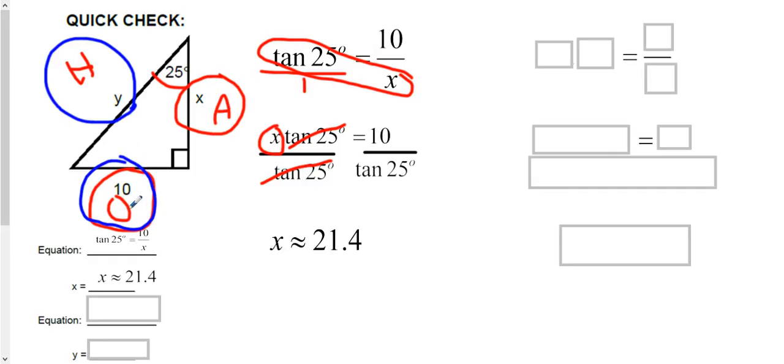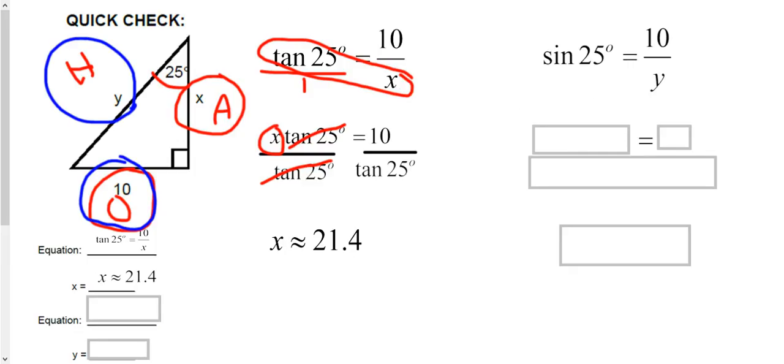I'm going to use this one because it's exactly 10. It's the exact amount. So now we're using opposite and hypotenuse. That is sine of the angle, the 25 we had marked here, equals the opposite, which is 10, over the hypotenuse, which is the y we're looking for.